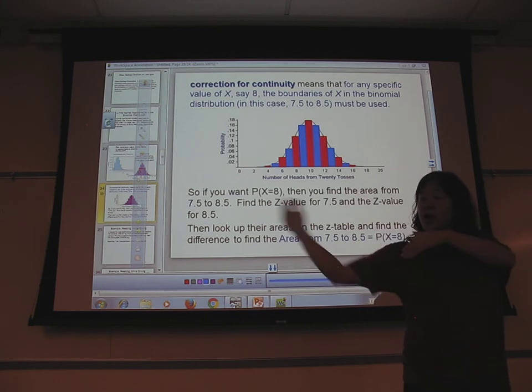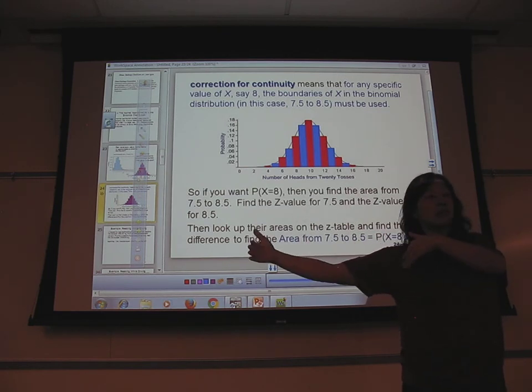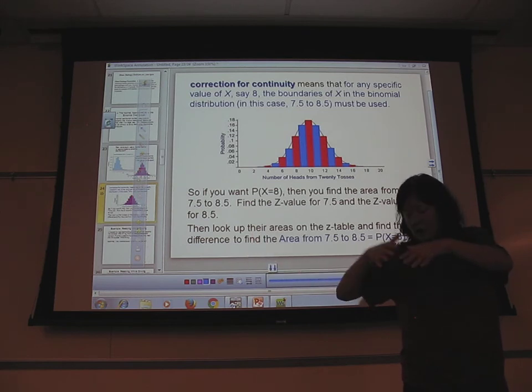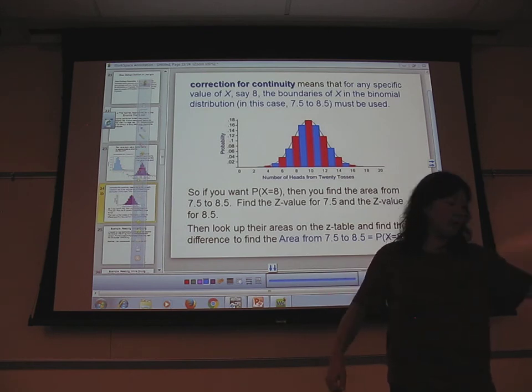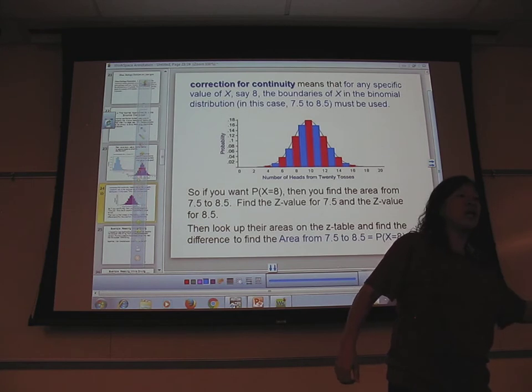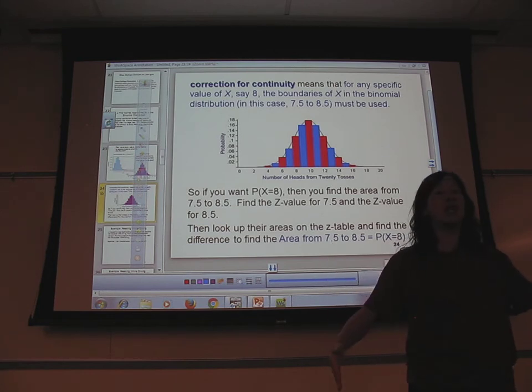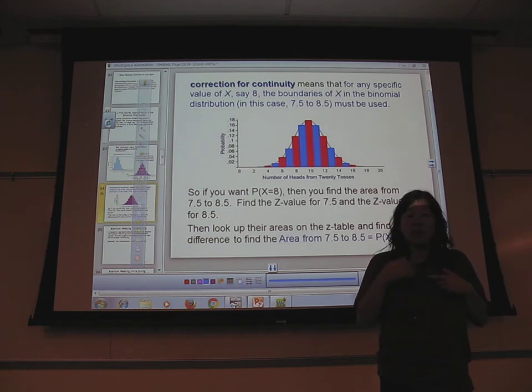So what's the boundary between me and 7? Here's my space, here's your space, here's the boundary between them. 7.5. What's the boundary on this side? 8.5. So 7.5 to 8.5, that's me. So in discrete world, I'm just 8. But in continuous world, 8 really means from 7.5 to 8.5.